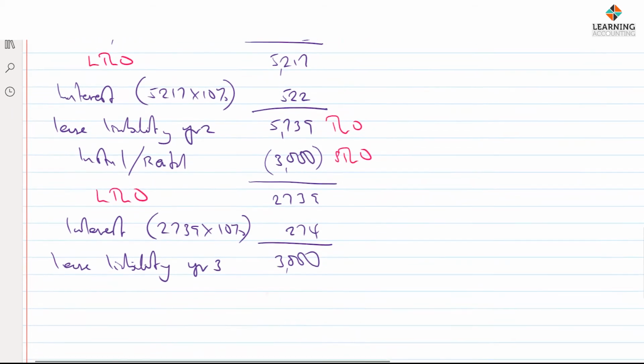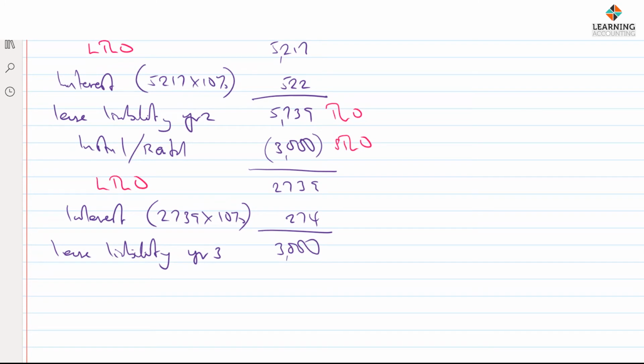Meaning, at this time, if we want to calculate for year 4, we are going to have installment again for rentals, and the installment of rentals is 3000.